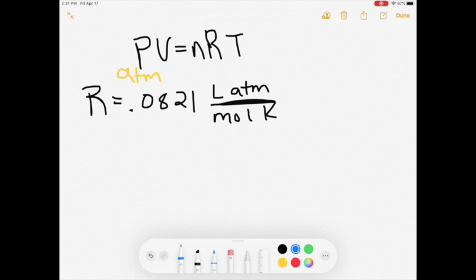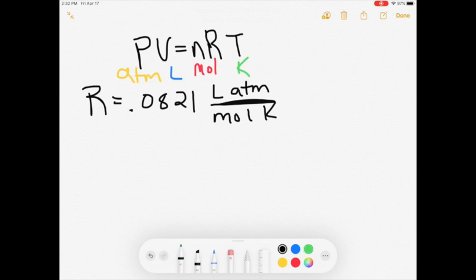Volume is going to be in liters, because the R is in liters. And then N is in moles. So that's not changing. And then T has to be in Kelvin. So we have to pay attention to those units. Before it was just make sure the units match, no big deal. But now they have to specifically be in these units because that's what the R value is in.